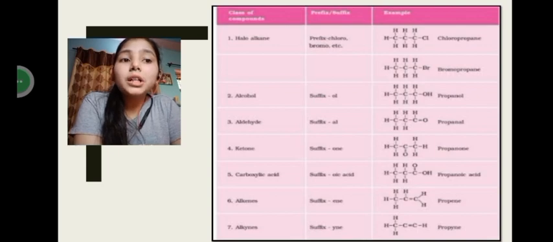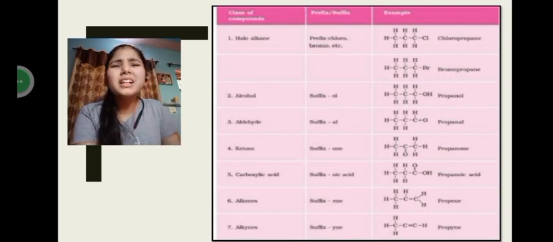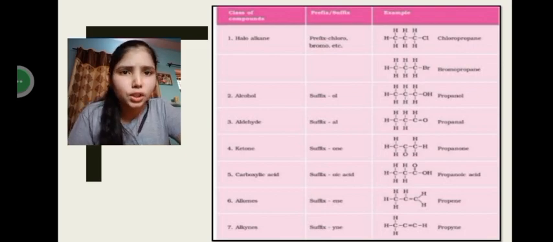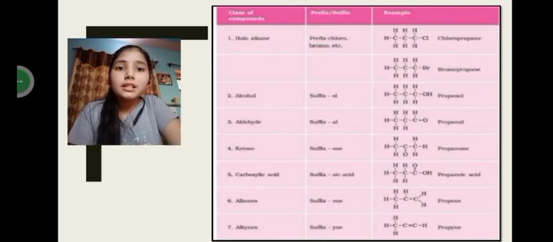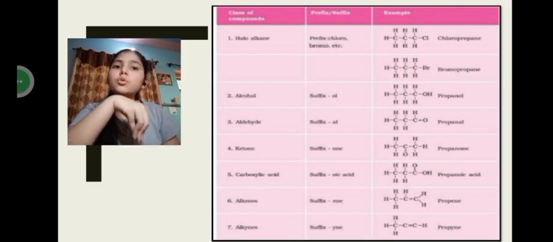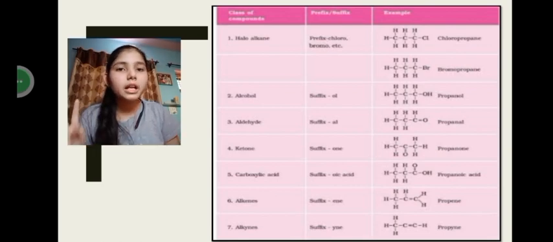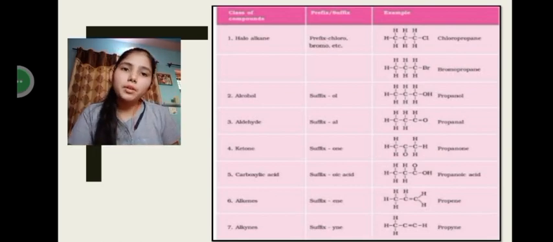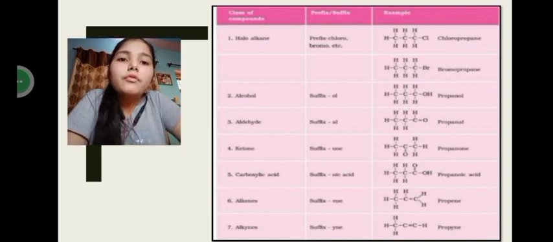Another one is aldehyde. What is aldehyde? Aldehyde means carbon is attached to oxygen with a double bond. This is an unsaturated functional group. Carbon is attached to other carbons with single bonds only, but it is attached to oxygen with a double bond. This is what is special in it.